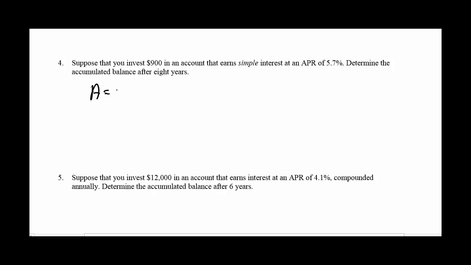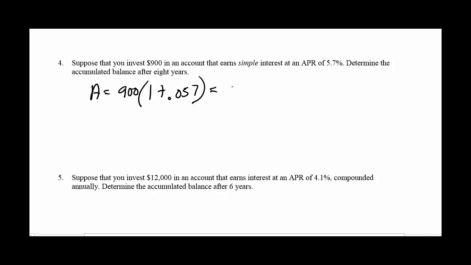After just the first year, 900 times (1 plus 0.057) will tell us what we get at the end of just the first year. So 900 times 1.057.